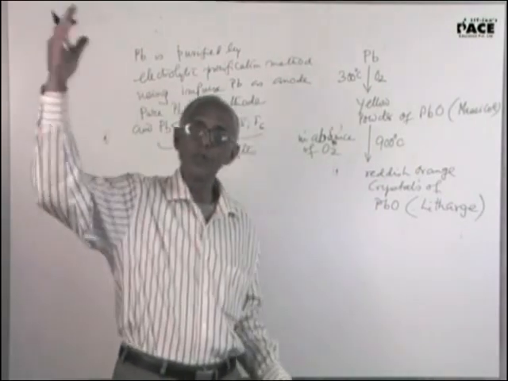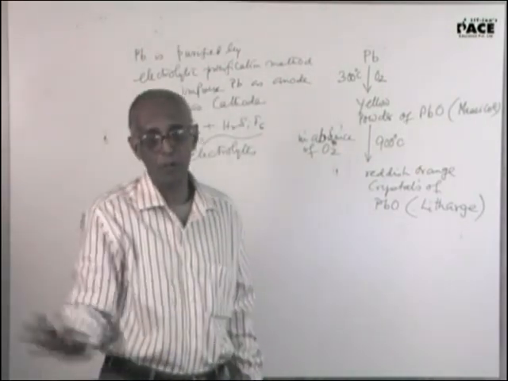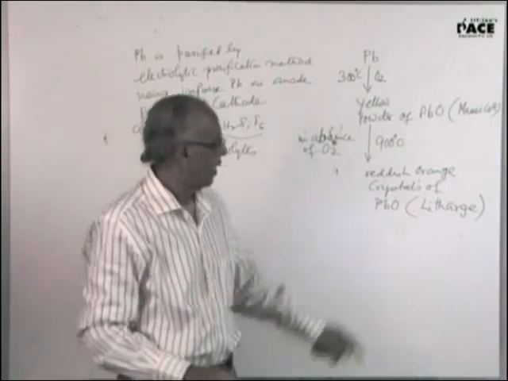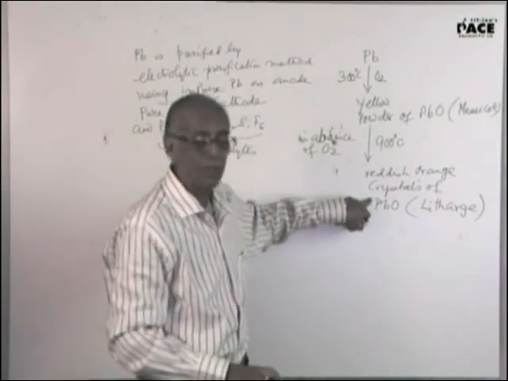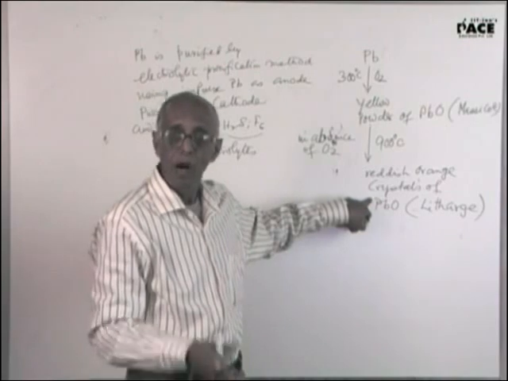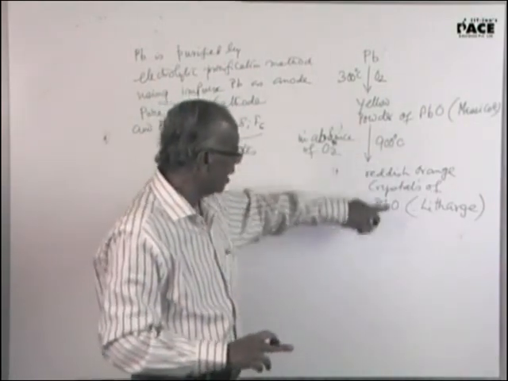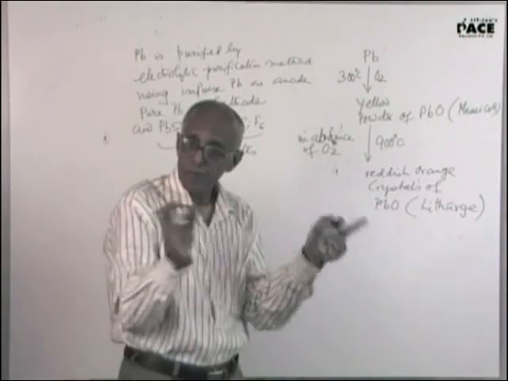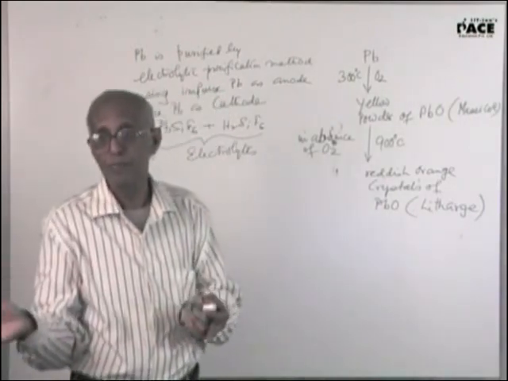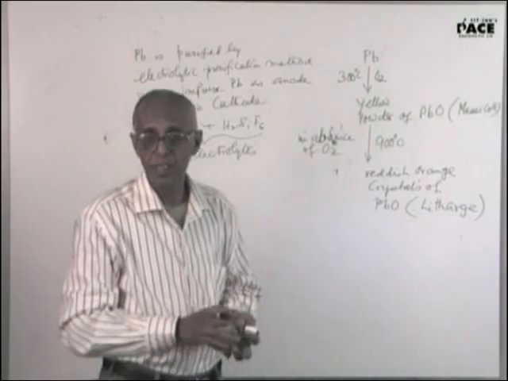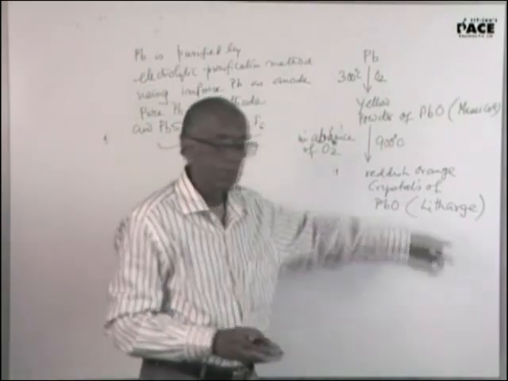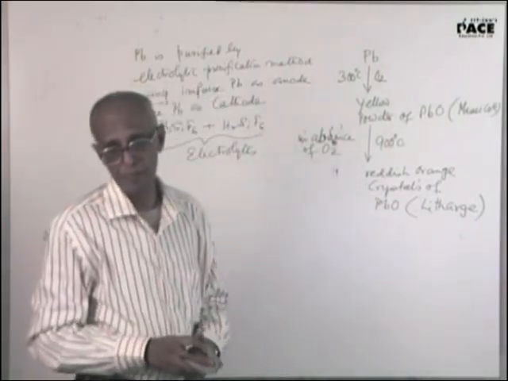Then when you heat it to a higher temperature in absence of oxygen, the yellow powder changes to a reddish-orange crystal of lead monoxide. The chemical composition does not change. That is, the powder changes to crystalline form at a higher temperature, and that is called litharge.